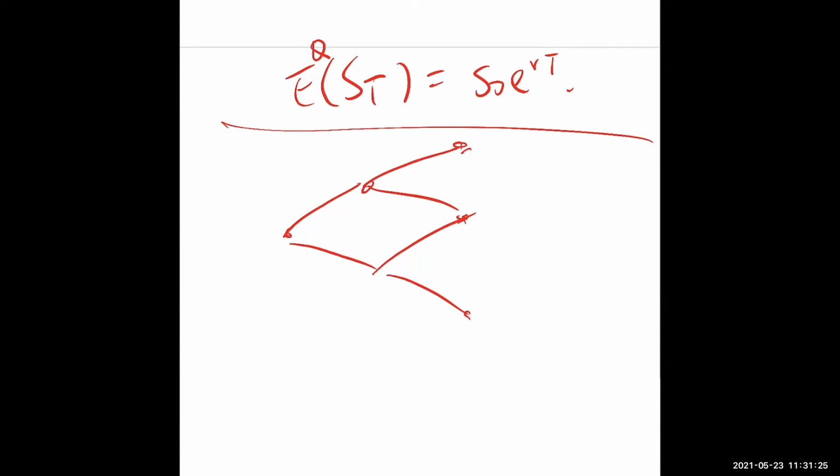What does the European give you? If the early exercise payoff is higher, then take the American value and replace that number. That is tedious, but that's what you do. There are no other tricks with the binomial tree. It's just very long, and we don't use that.